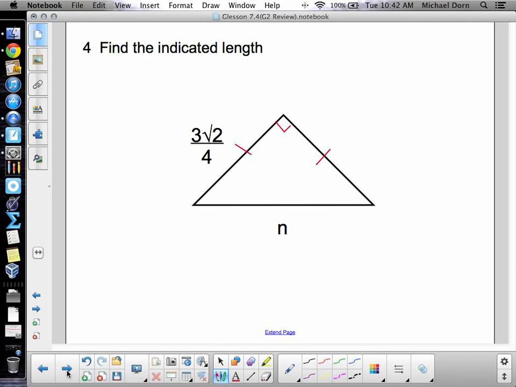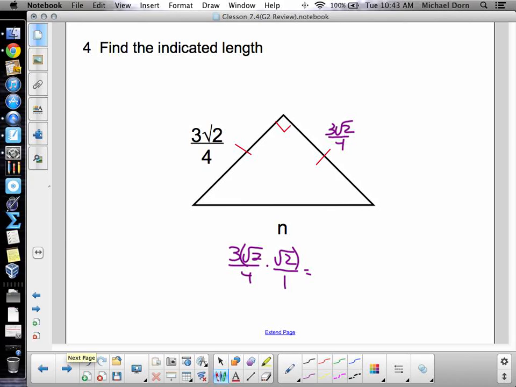Oh dear. Again, this is 3 root 2 over 4. This is going to be 3 root 2 over 4. Now it's getting a little bit more complicated. This is 3 root 2 over 4 times what? Root 2, which is just in the numerator because the denominator is going to be a 1, not root 2 over root 2. That would be 1. Now I have to simplify that, but I'm going to group those two first.